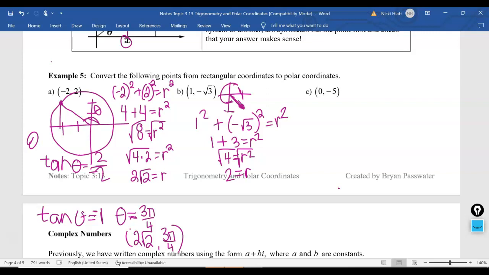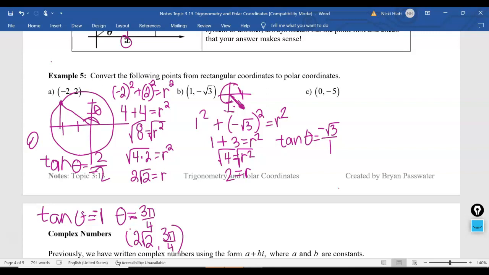Then we need to think about tangent. Tangent of theta is going to be y over x, so negative square root of 3 over 1. So basically we're just looking for where tangent equals negative square root of 3. We've got to think on that unit circle. We're in the fourth quadrant, so it's either going to be at 11 pi over 6 or at 5 pi over 3.